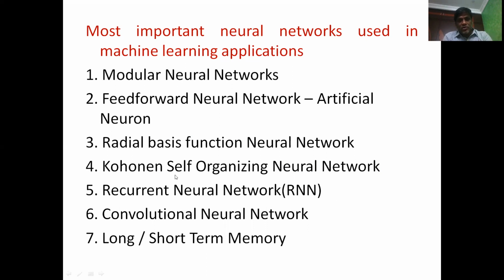We don't have the coherent self-organizing neural network, recurrent neural networks, convolutional neural network, or long short-term memory in our syllabus. So we have only these two, feed-forward neural networks and radial basis function neural networks, and we will learn them in the third and fourth unit respectively.